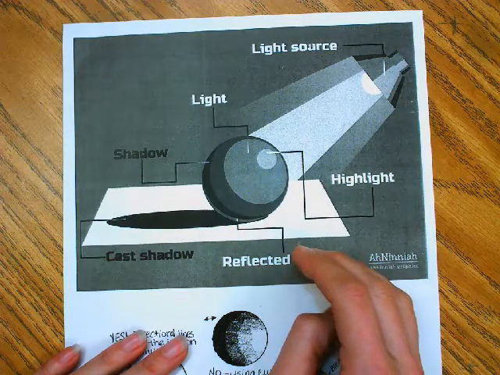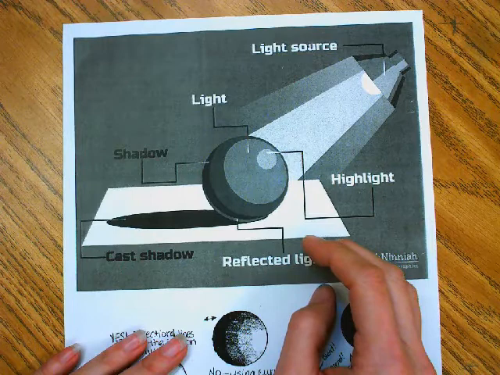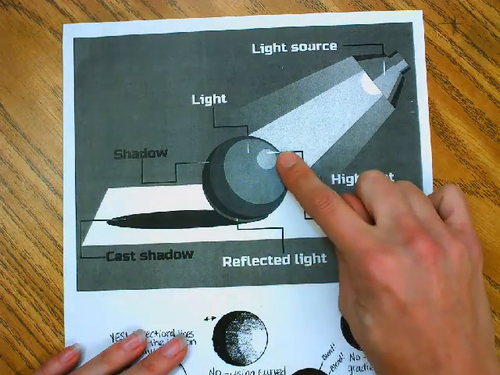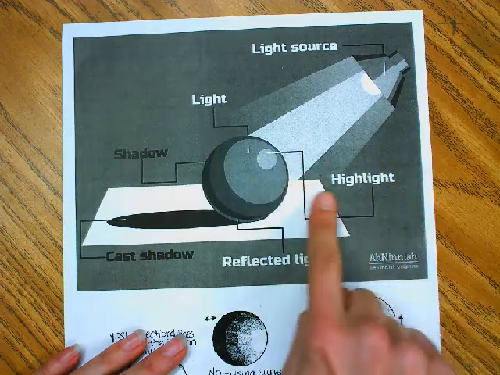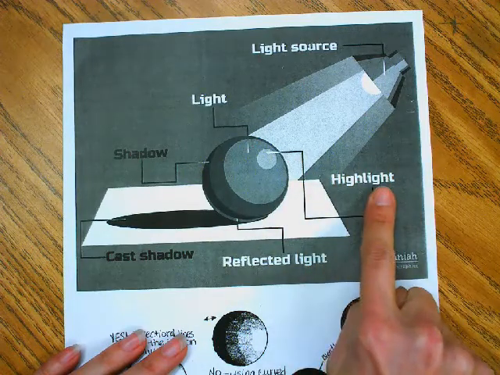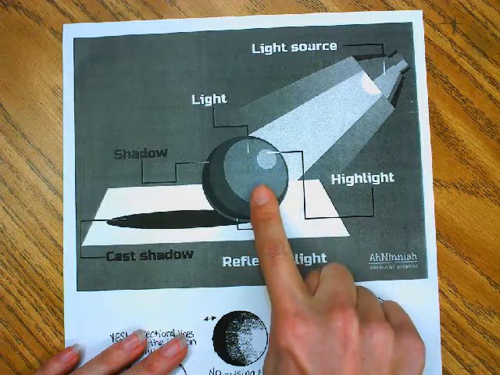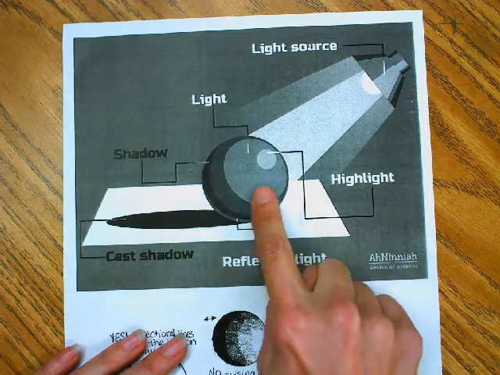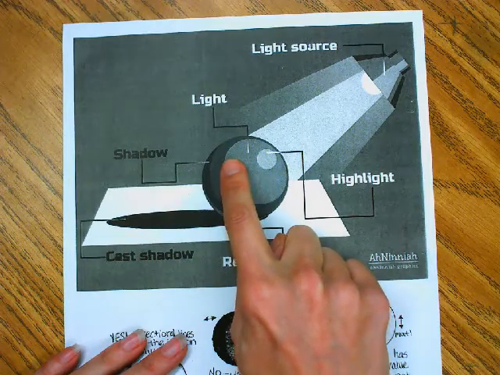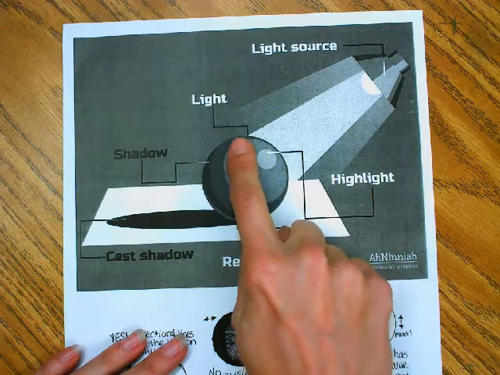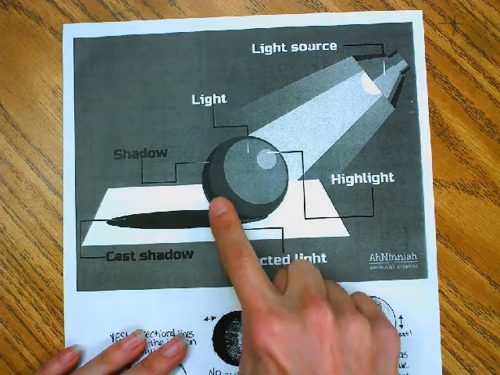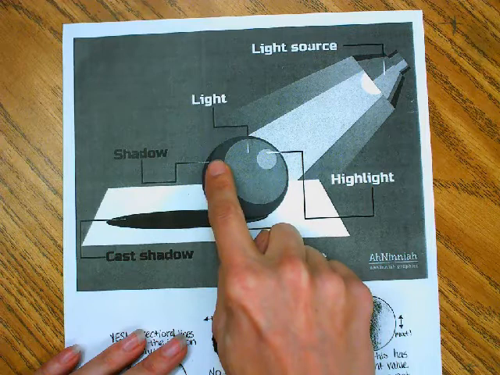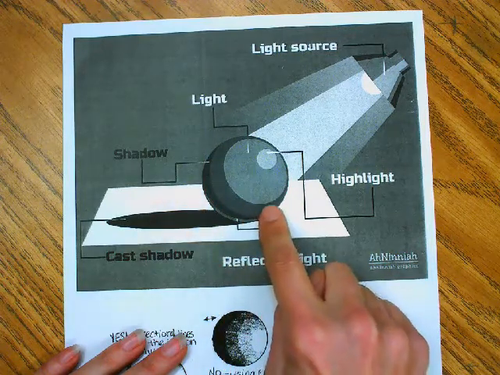So again, to summarize your 5 principles of shading, you have your light source shining down on your object. Closest to that light source, you have a highlight. That highlight blends into the areas that are a little bit farther from your light source, called the light, or transitional light. Transitional light fades off farther away from the light source to the core shadow, where the light doesn't reach quite as well around the object.